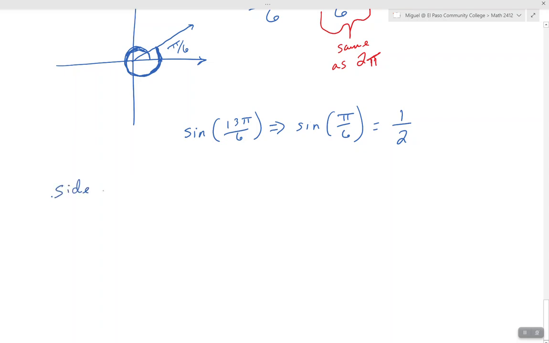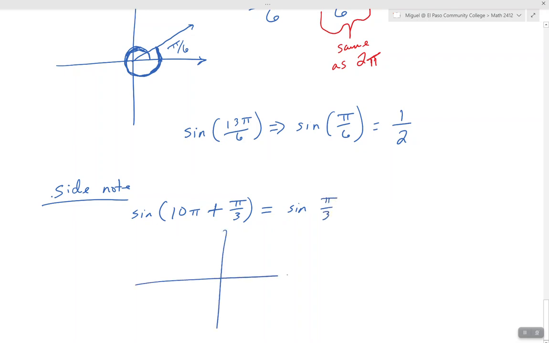So in that scenario, let me do a side note here. This would be sine of, let's say, they gave it to us like this. This would be the same as sine of pi over 3, right? Because those 5 revolutions would be 1, 2, 3, 4, 5, and then pi over 3 more.